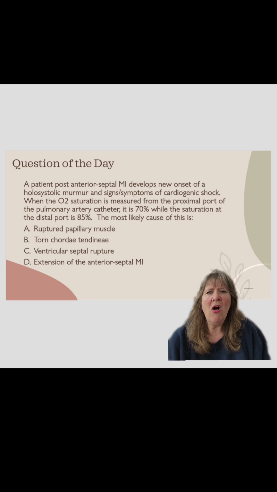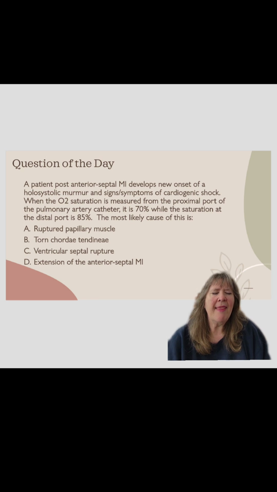The most likely cause of this is, well, it could be A, ruptured papillary muscle, B, torn chordae tendineae, C, ventricular septal rupture, or D, an extension of the patient's anteroseptal MI.